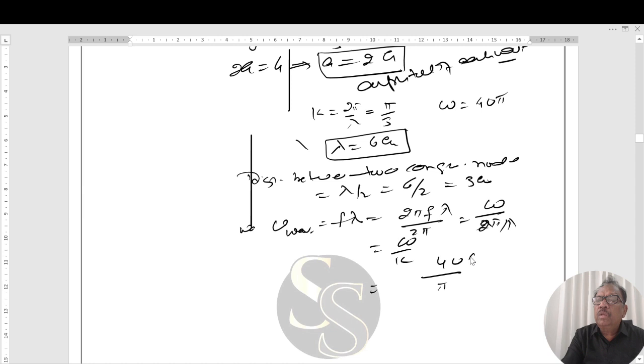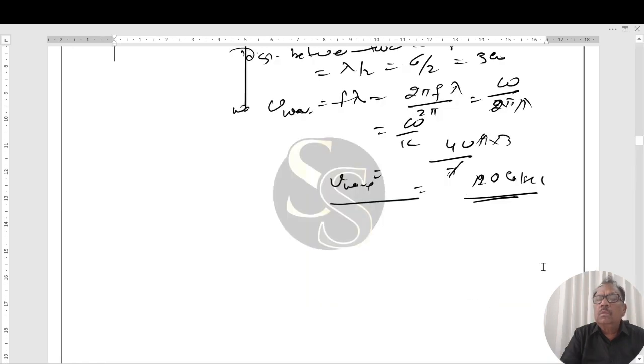So 40 pi divided by pi by 3, that is into 3, the pi cancels, and we get 120 centimeter per second. The wave velocity comes out to be 120 centimeter per second.